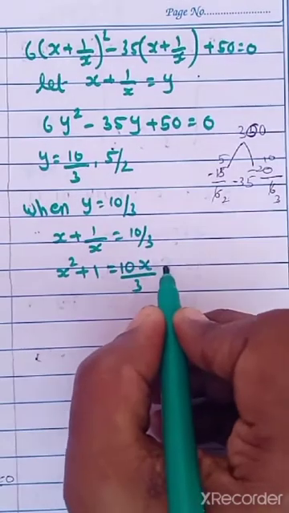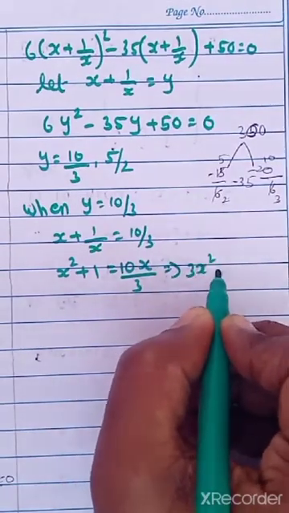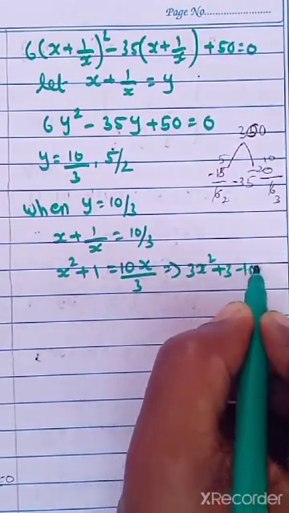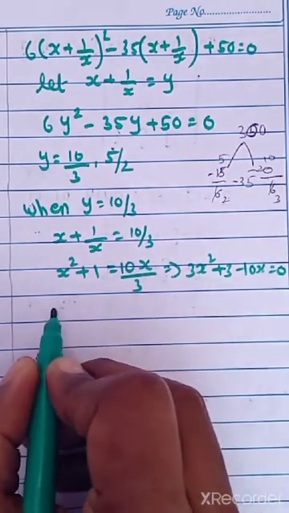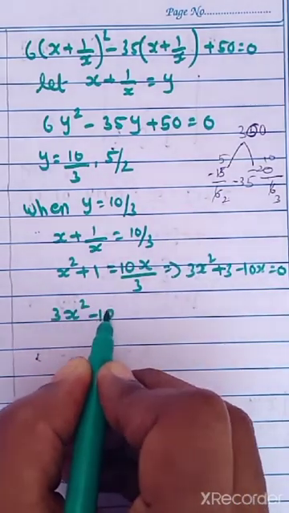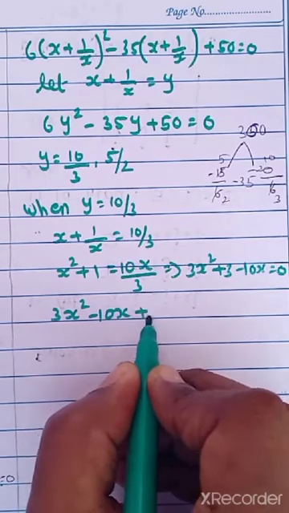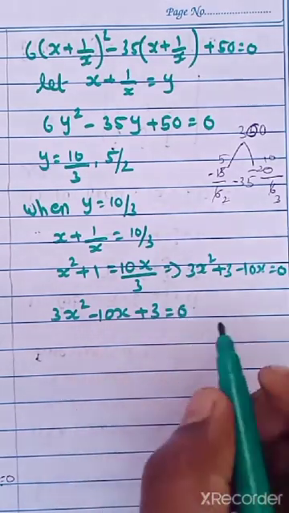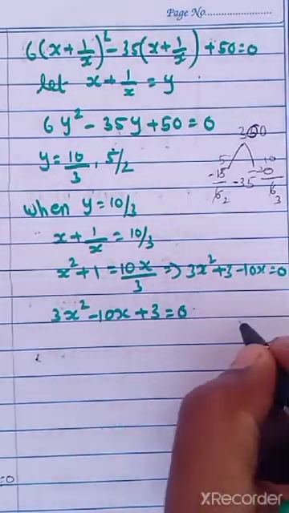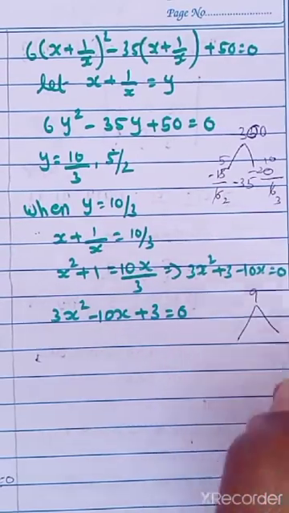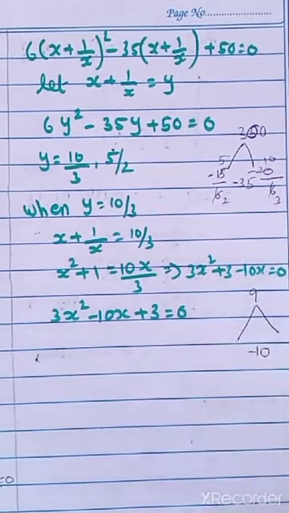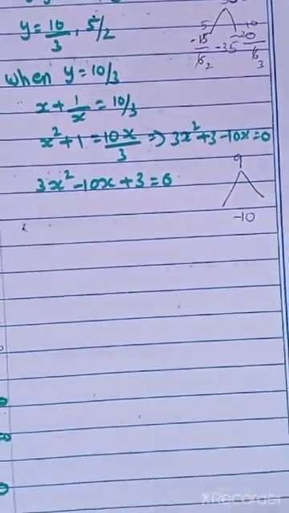Taking this across, 3x square plus 3 minus 10x equal to 0. To write it in the correct form, 3x square minus 10x plus 3 equal to 0. Correct? So again, if we factorise this, 3 3s are 9, minus 10. Correct? 3 3s are 9, minus 10.